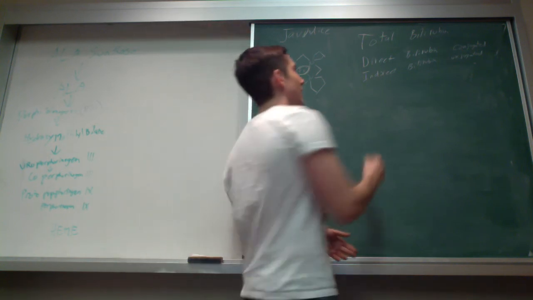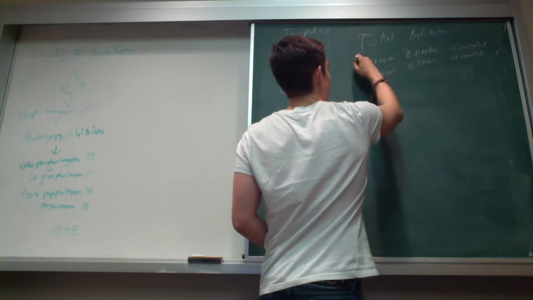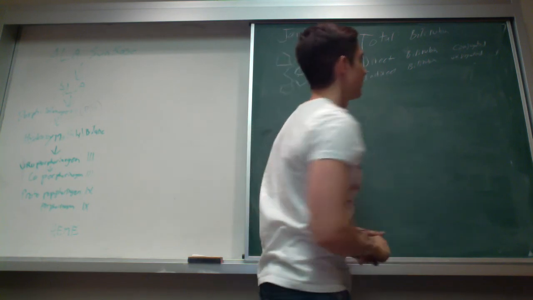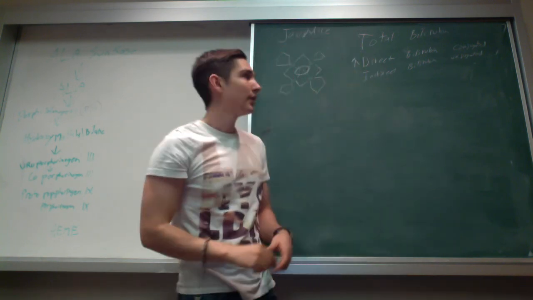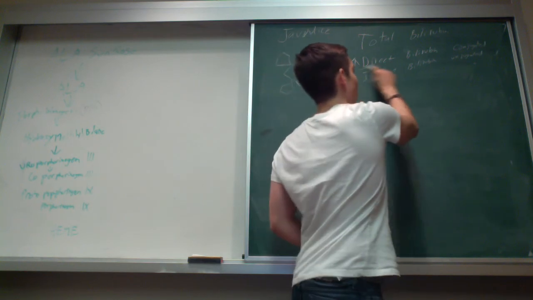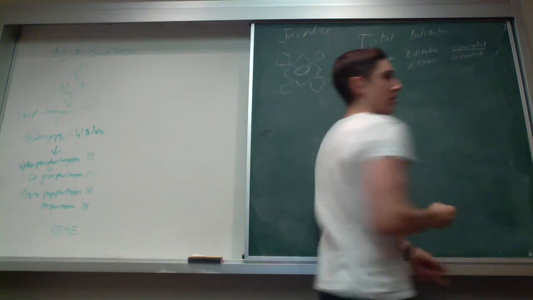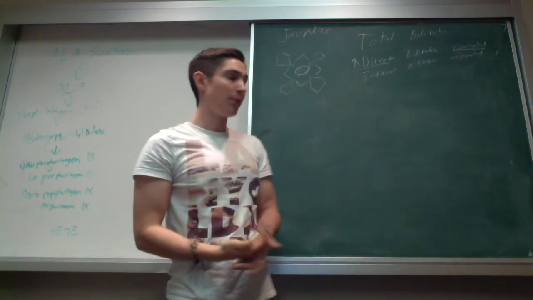So, when you see very high direct bilirubin, which is conjugated bilirubin, the bilirubin has already been processed. It's been conjugated, it's soluble, it's ready to be excreted in the bile.